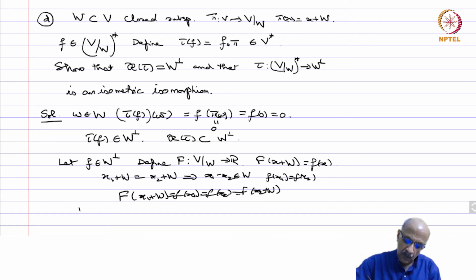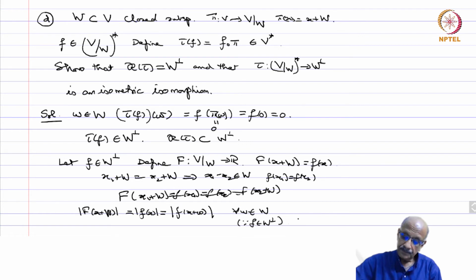And also, what is mod F of x plus W? Equals mod f of x, which is mod of f of x plus w for all w in W, since f belongs to W perp. And therefore, this is less than or equal to norm f times norm of x plus w.